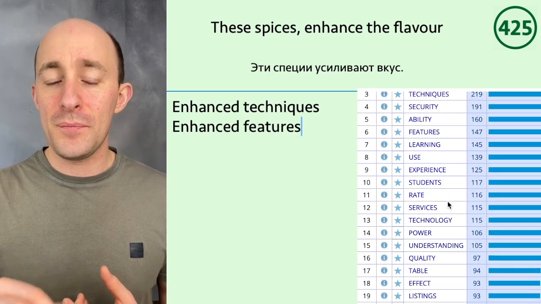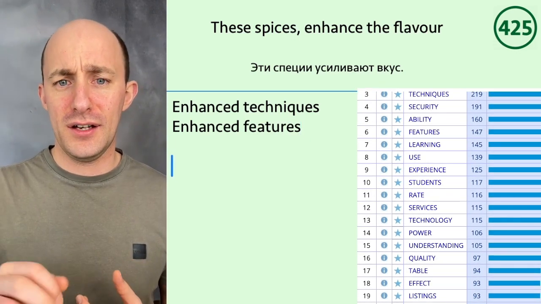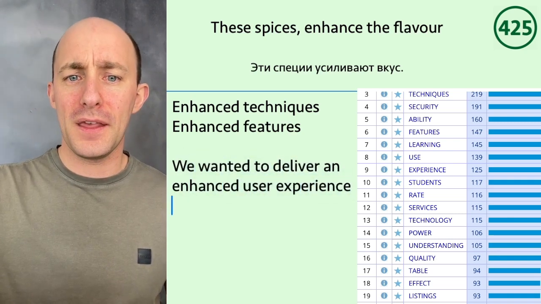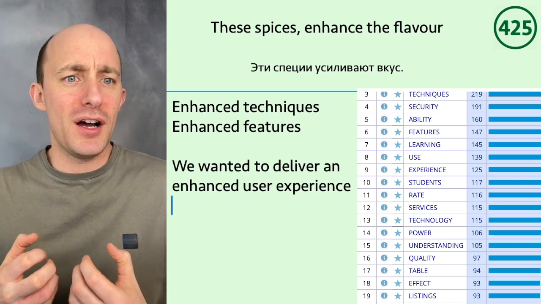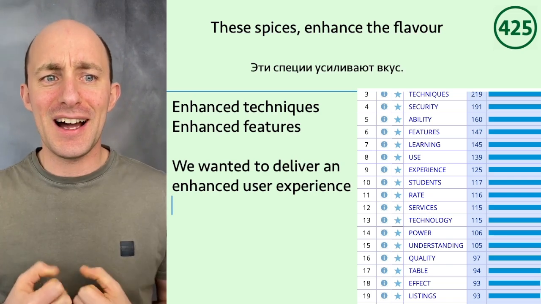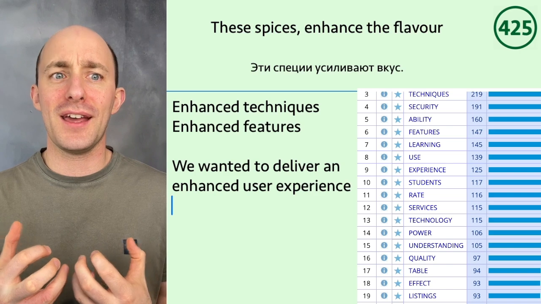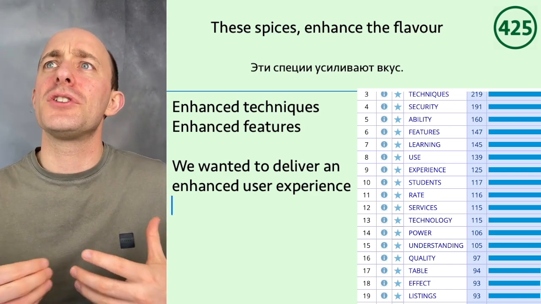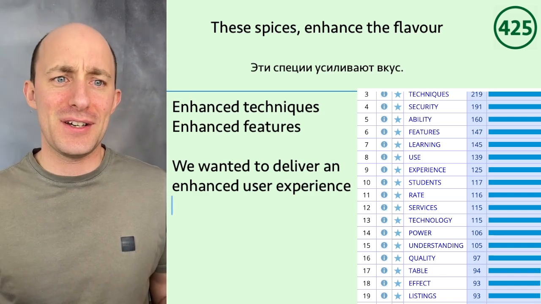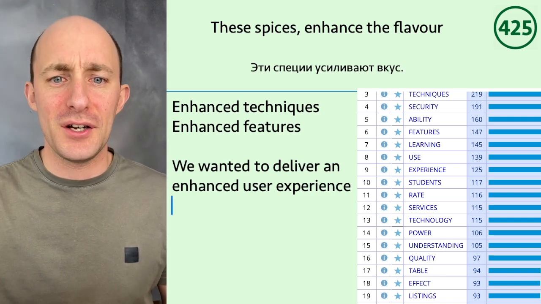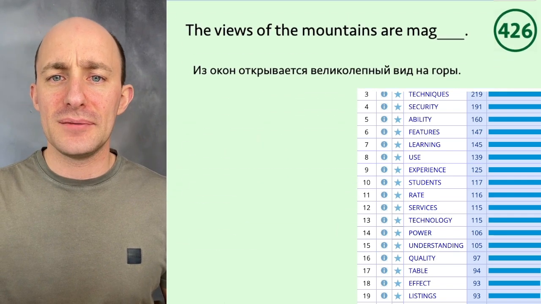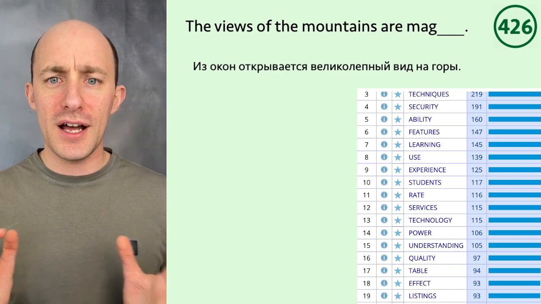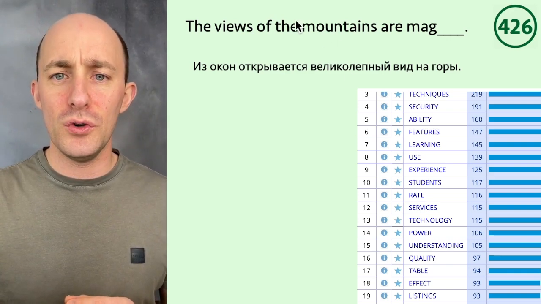And we want to deliver an enhanced user experience. If it's enhanced, it's deeper, the feelings are stronger. It's always about something being basically improved, enhanced. In general, if you can use the word, I want to enhance my skills, I want to improve my skills, the meaning's pretty close. Enhance.